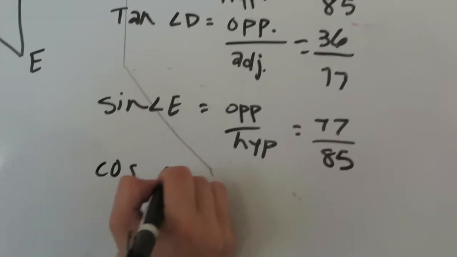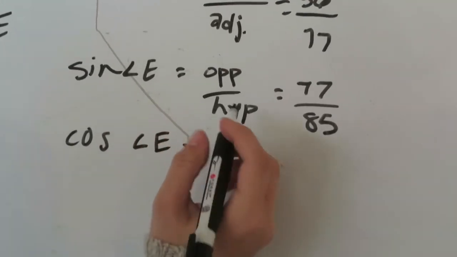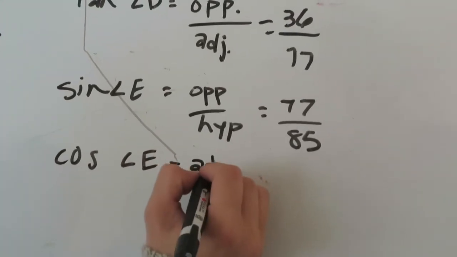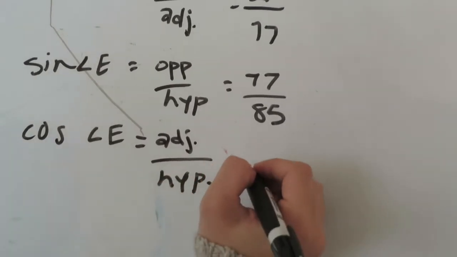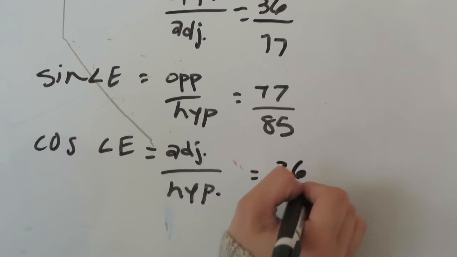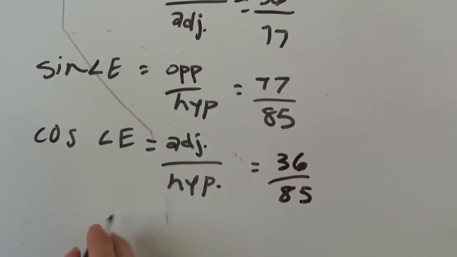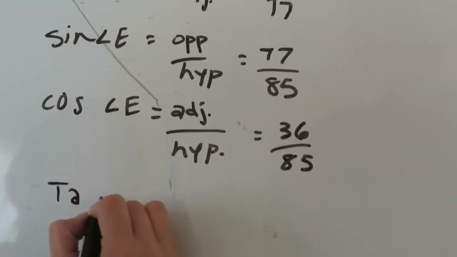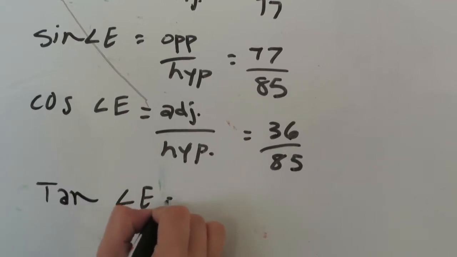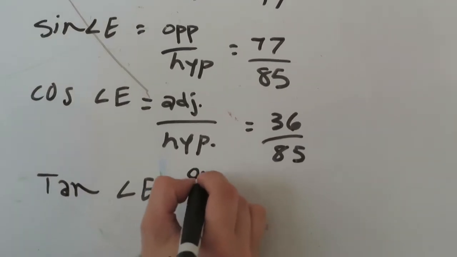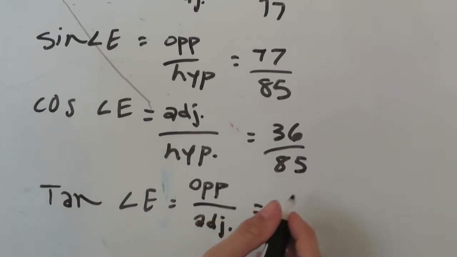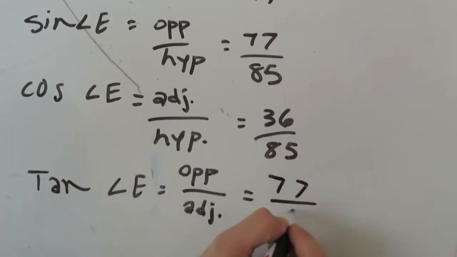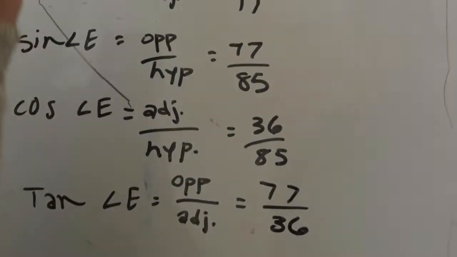The cosine of angle E is going to be the adjacent over hypotenuse, which is 36 over 85. And the tangent of angle E is going to be opposite over adjacent, which equals 77 over 36.